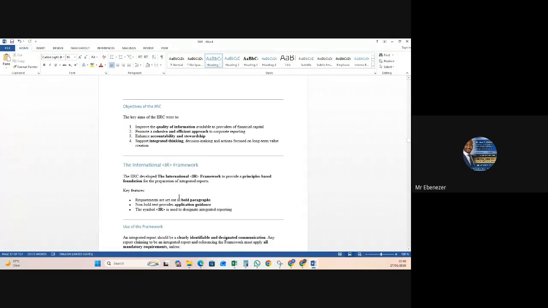Now, we also have the international framework for integrated reporting. The essence of this framework is to provide a principle-based foundation, not a rule-based one. If it is principle-based, it means you either comply or complain.